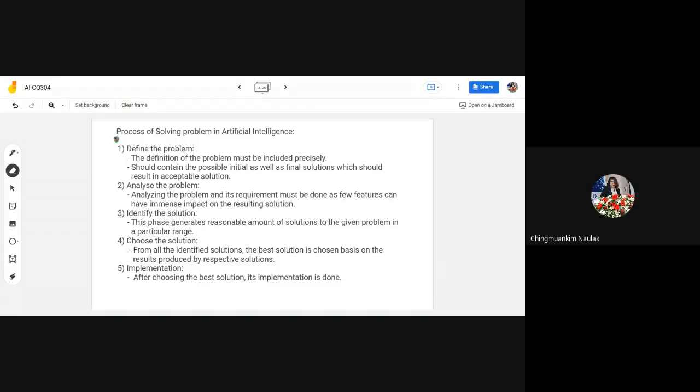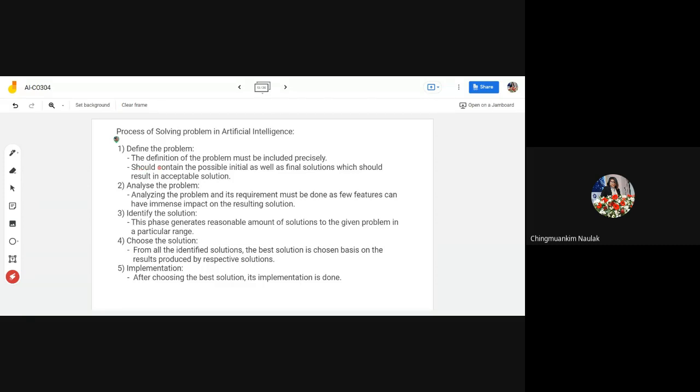All right, so there are 5 stages in solving problems of AI. As we have said yesterday, the first stage is to define the problem. Initially, what we do is we define the problem.